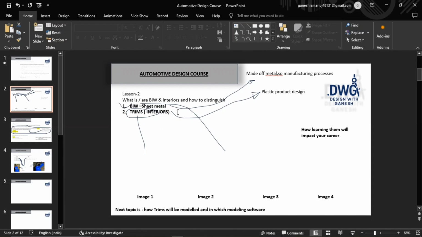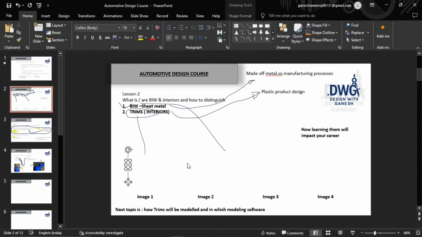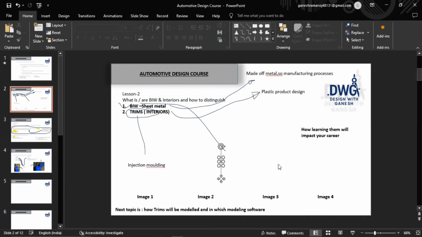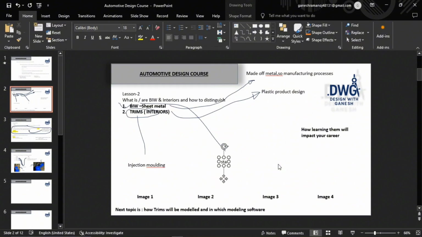For making sheet metal parts, the stamping process is preferred. So injection molding for trims, and stamping or deep drawing for sheet metal.